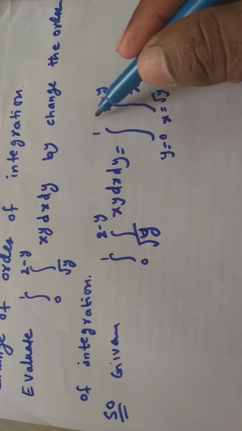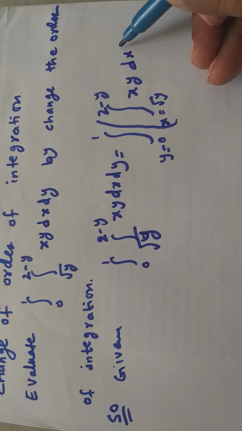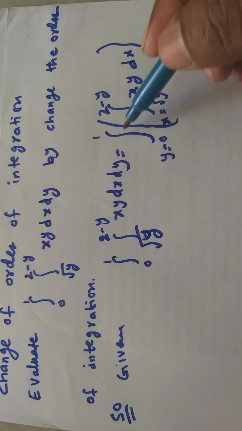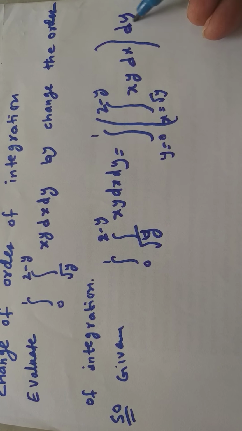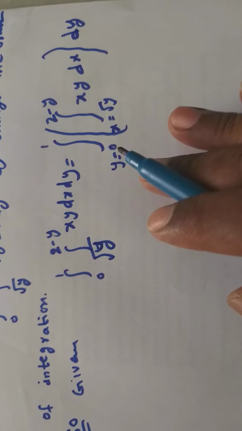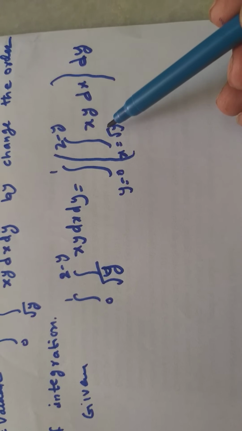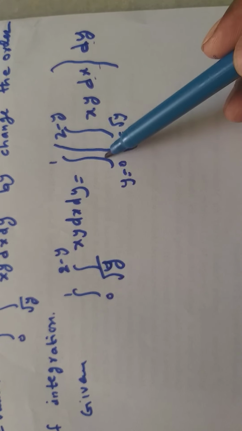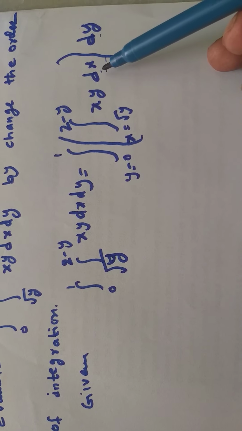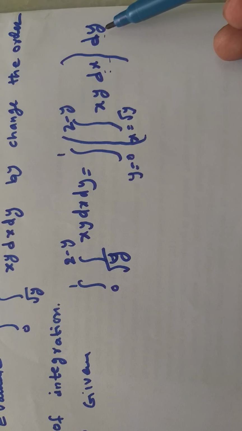The x limits are variable, so integrating with respect to x is first, and the y limits are constant, so integrating with respect to y is last. After changing the order of integration, we have to integrate with respect to y first, and with respect to x next.